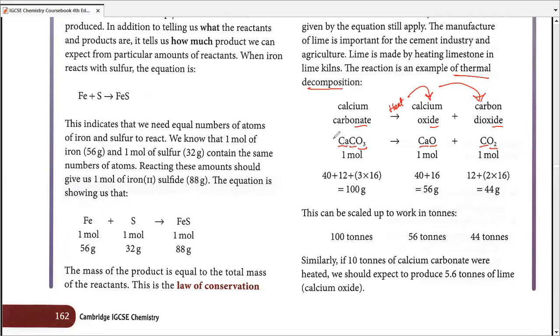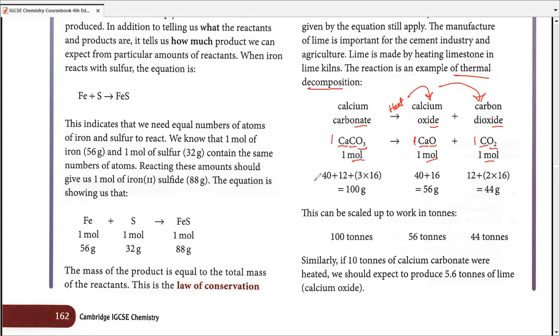Now, if we take a look at it, 1 mole of calcium carbonate actually produced 1 mole of calcium oxide and produced 1 mole of carbon dioxide too, which is also given over here. So this is the balanced chemical equation, which is giving us the idea how the molar ratios are going to work.